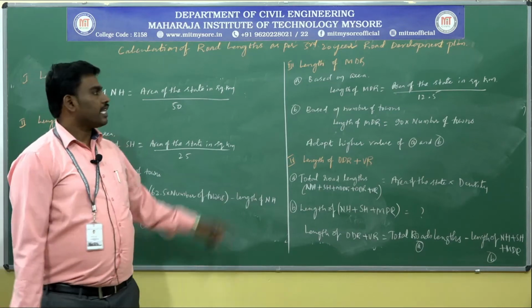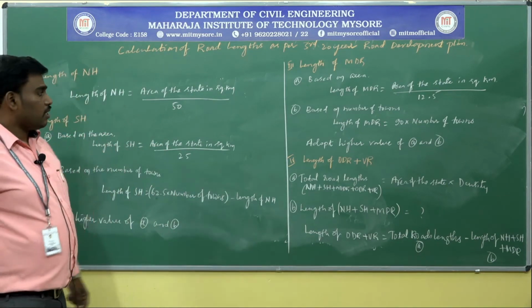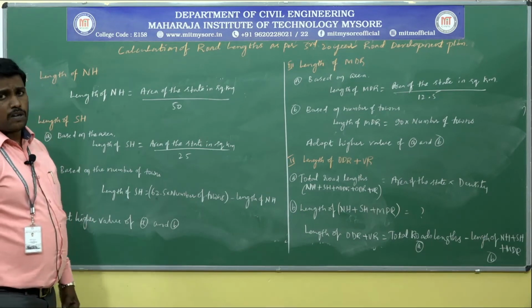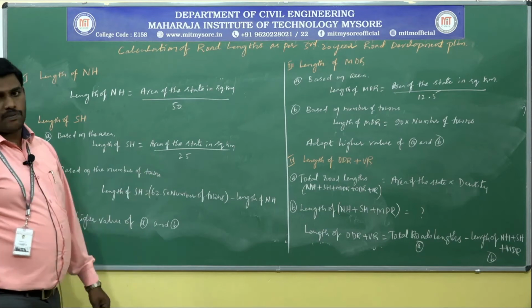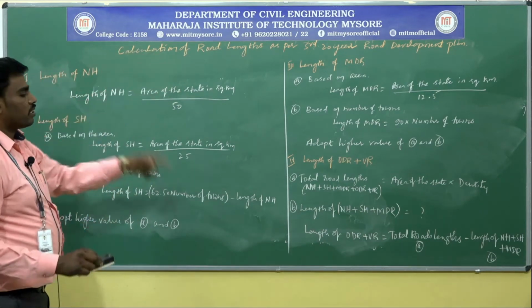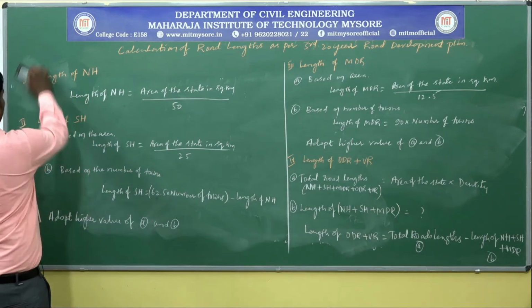And the last step in the calculation of road length as per third 20-year road development plan, that is classification as per third 20-year road development plan. We have to bifurcate the classification. After completing all these four steps, then we move on to the fifth step. It's very simple.